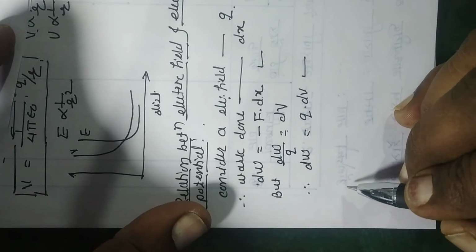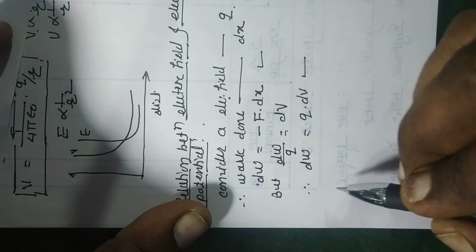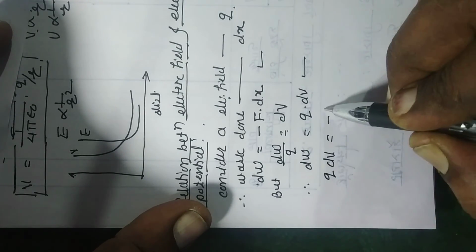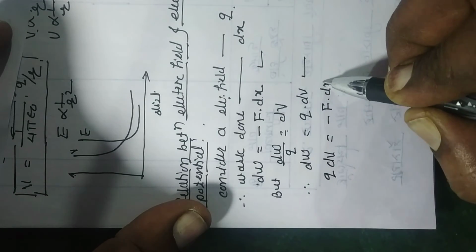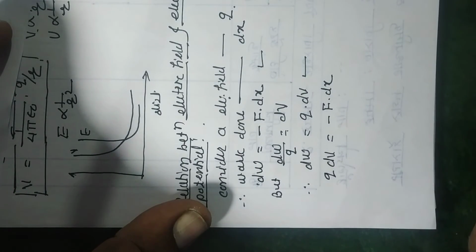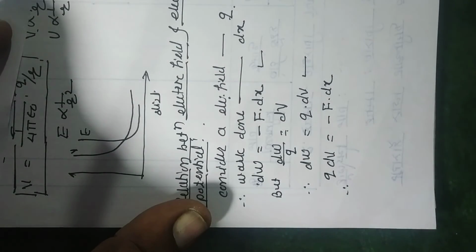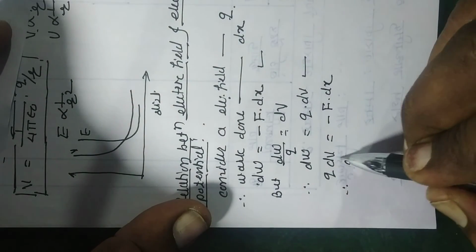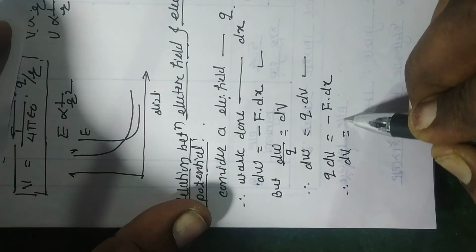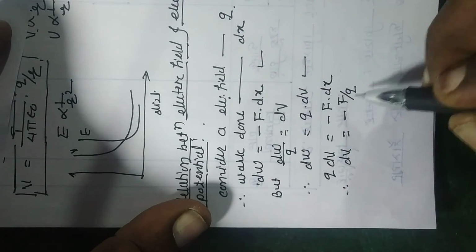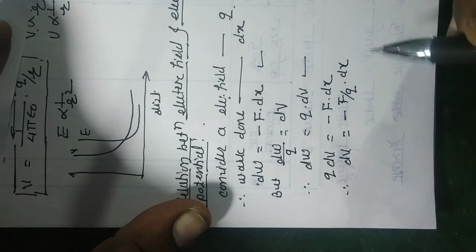From these two equations, Q into dV is equal to minus F into dx, and therefore dV is equal to minus F divided by Q, force per unit charge, into dx.